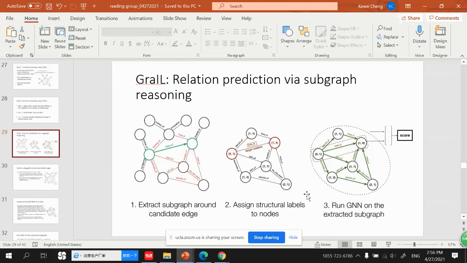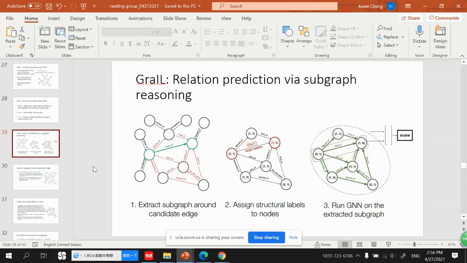We are not interested in learning a general embedding of the whole graph. Instead, we just want to know the relation between two target nodes given their surrounding subgraph structure.